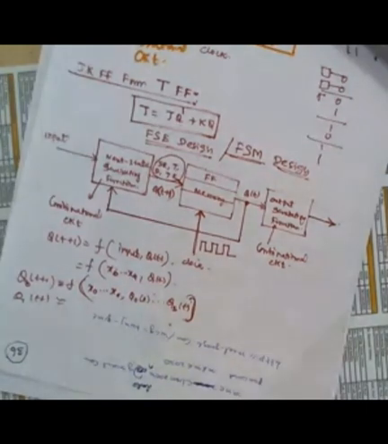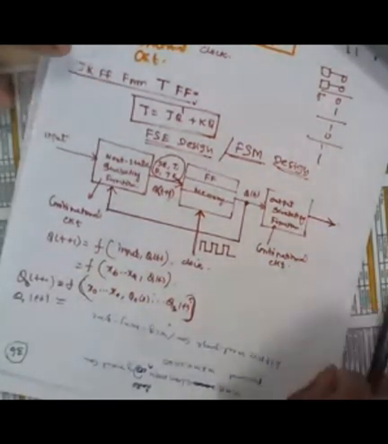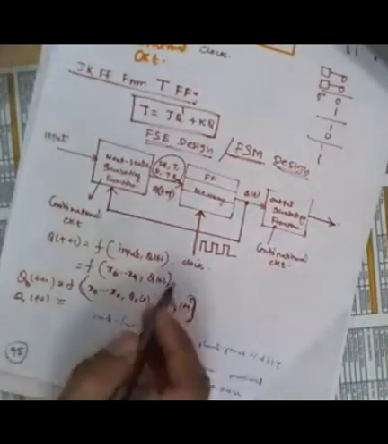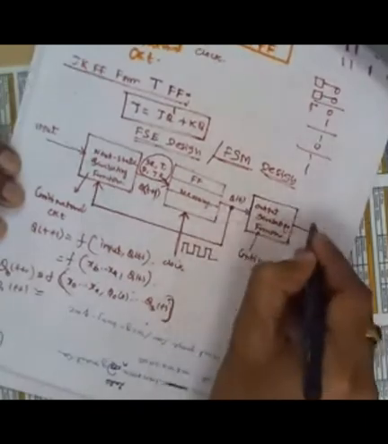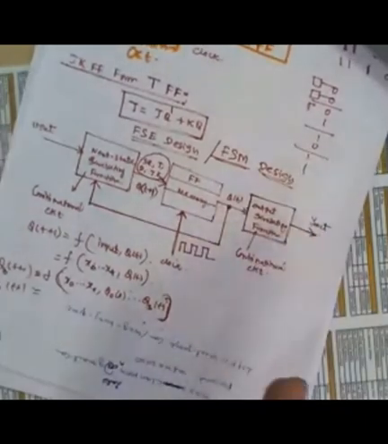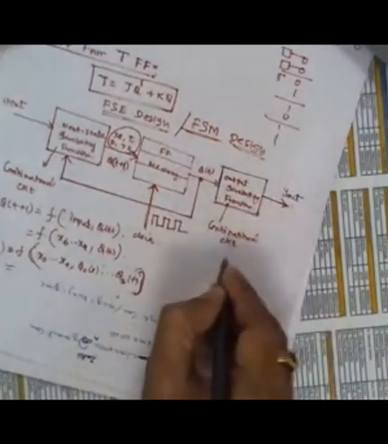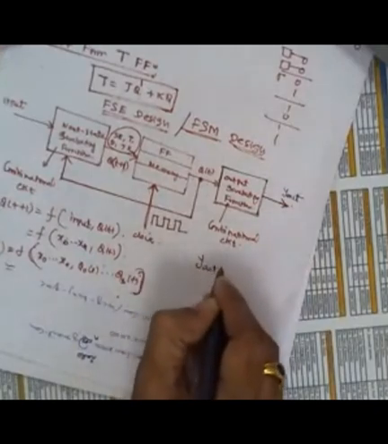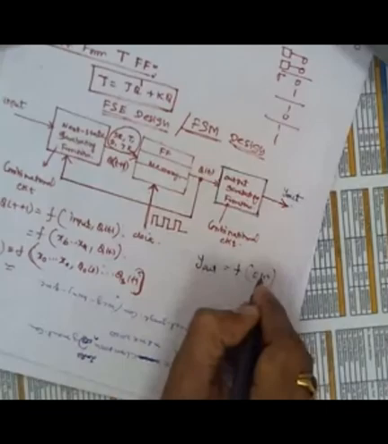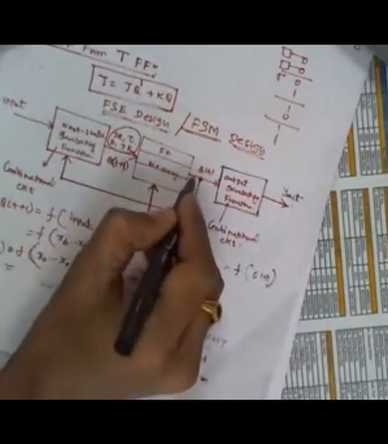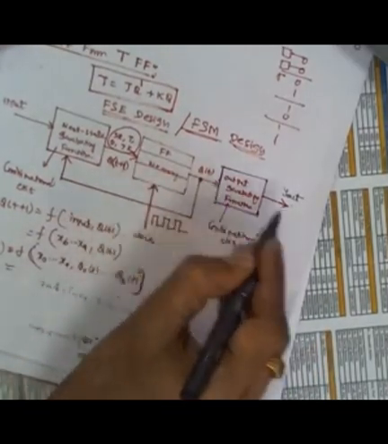So see, dear students, now there are 2 more types of engine design. One is where the output is a function here. This output generated here, Y out, is the output function. In this case, your Y out is a function of only Q of t. That means whatever the present state is, that only will decide your output.